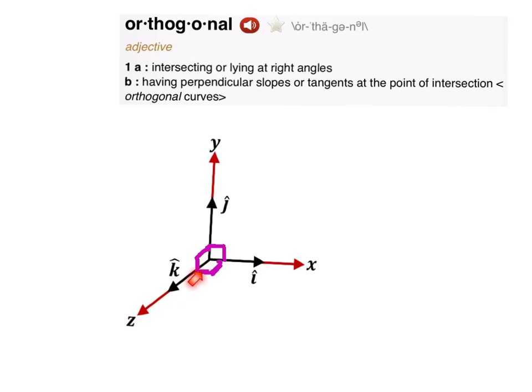I have a vector and a vector, and since y is perpendicular to both of them, y must be the cross product of x and z. Oh, and no kidding. X is the cross product of y and z, and it looks to me like z is the cross product of x and y. No kidding.